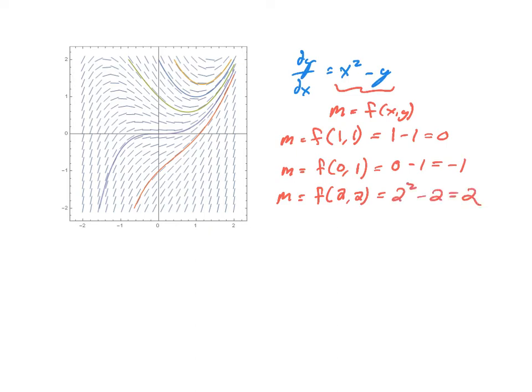And these are very easy points to pick. So let me show you the first one. At the point 1, 1, so if I look at the point 1 and go up to 1 over here, you can see that the slope is about 1 at that point.